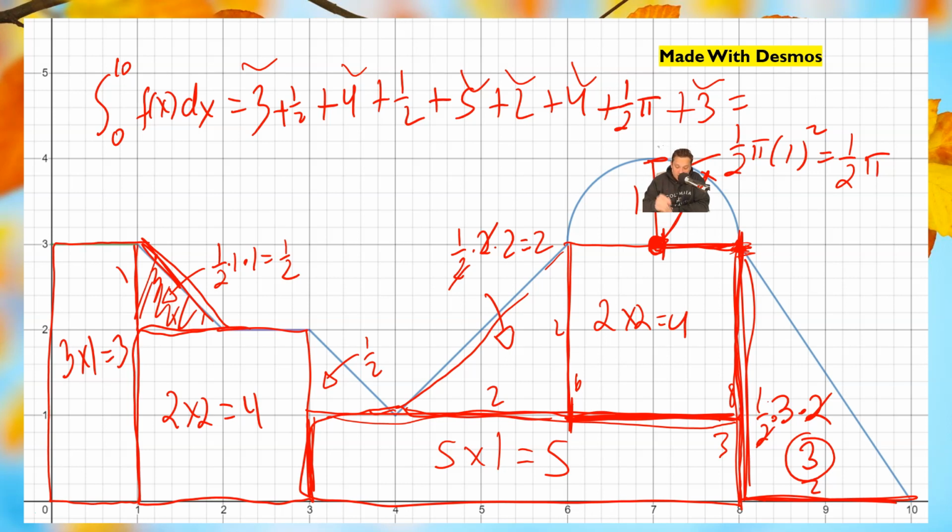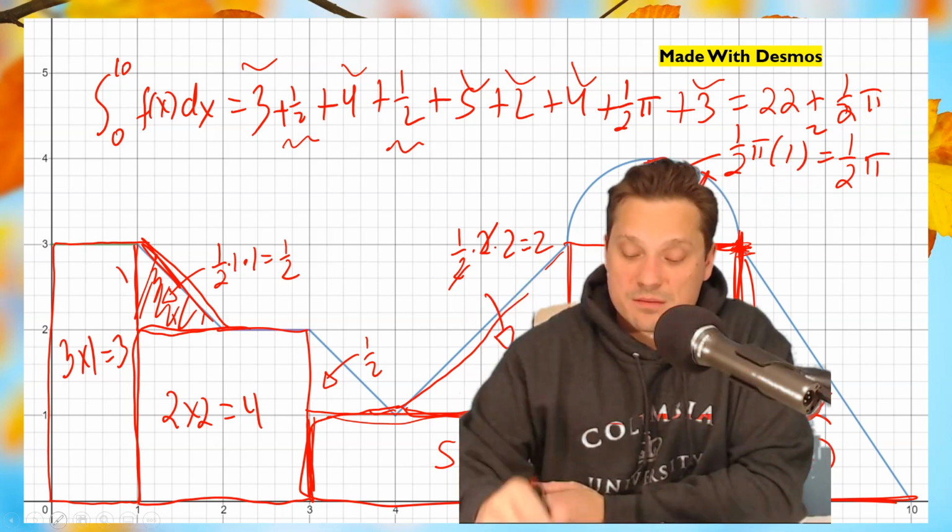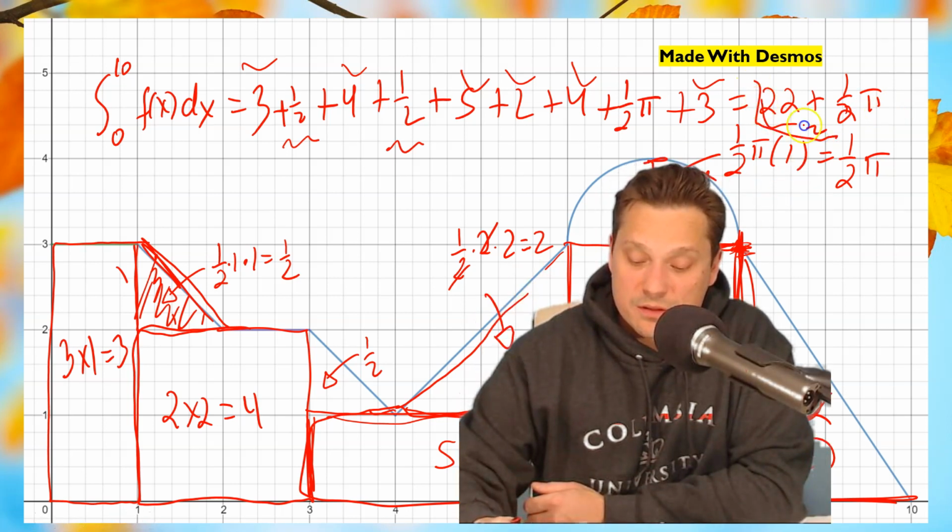And then you take care of the 1/2. So this is 21 and a half, and another half is 22. And then the only piece that remains is 1/2 of the pi, but I'm going to keep that separate. So it's 22 plus 1/2 of the pi. You don't want to combine those because pi is already a nice clean form. But this is pretty much the value of what we were looking for right here.